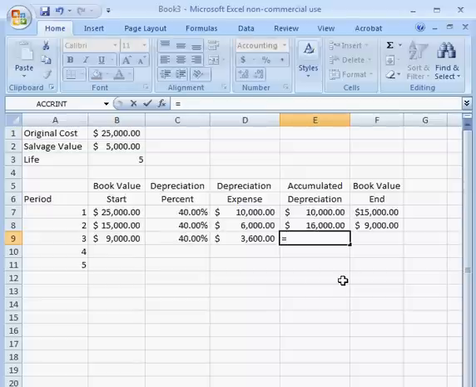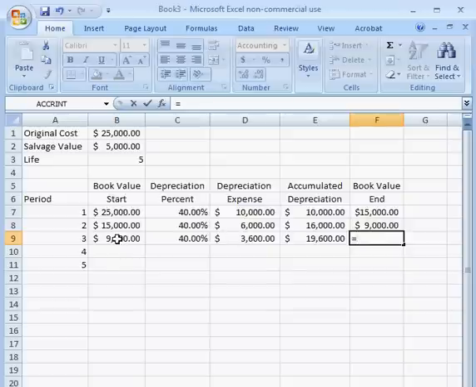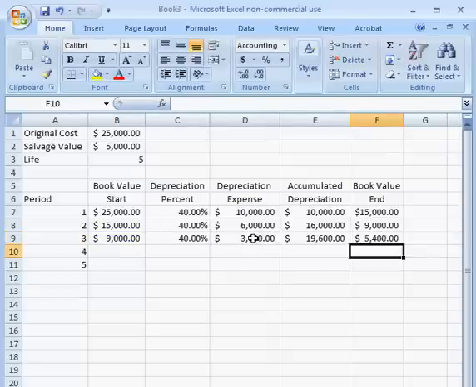The accumulated depreciation is the $16,000 plus the $3,600, which gives us $19,600. And the book value at the end of the third year is the $9,000 subtract the depreciation expense gives us $5,400.